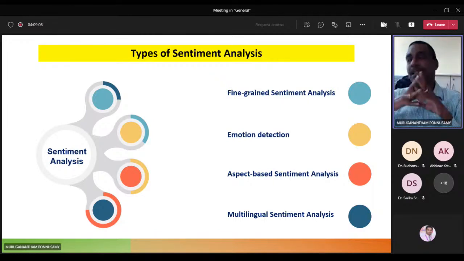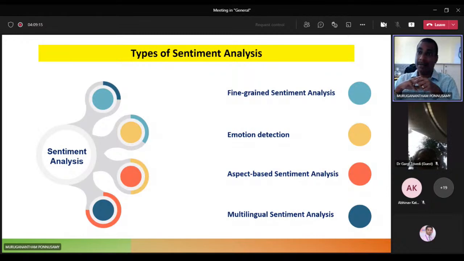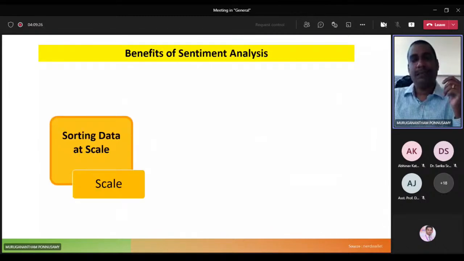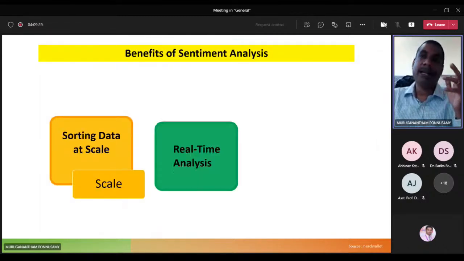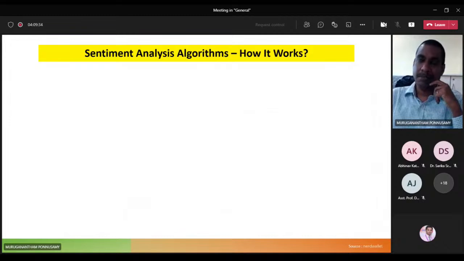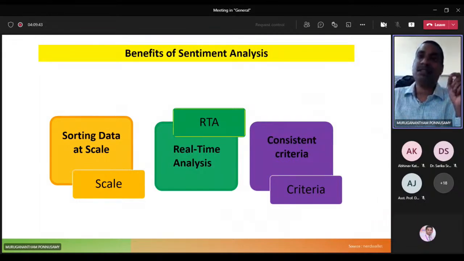It's a little complicated and difficult one because it requires a lot of pre-processing as well as resources. Maybe it should include the top 3 analyses also, right? Multiple ways. So think of it, if you are implementing this in the banking sector or financial sector, you may be able to get benefits by sorting data at scale, and the results will be real-time and the analysis will be a consistent one.